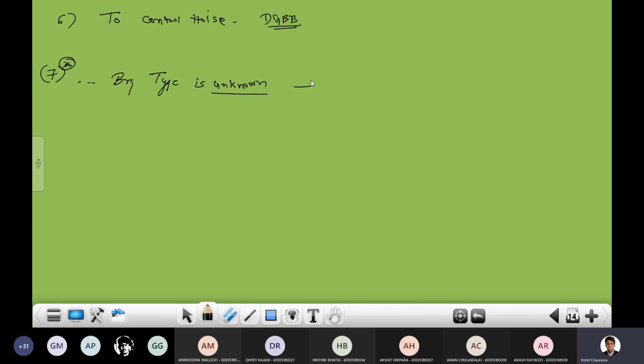मुझे पता नहीं है कि वो डीप ग्रूव बॉल बेयरिंग रहने वाला है, सिलेंडर डीप ग्रूव बॉल बेयरिंग है, सिलेंड्रिकल रोलर है, टेपर रोलर है, या सेल्फ अलाइन बेयरिंग है, कुछ भी पता नहीं. And that time I want to find out the equivalent load.